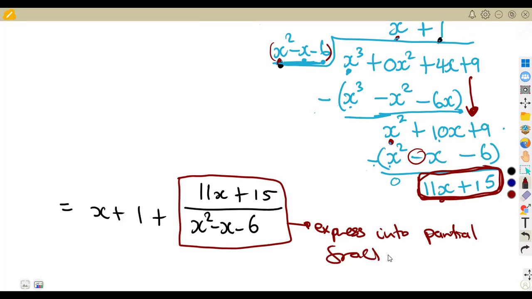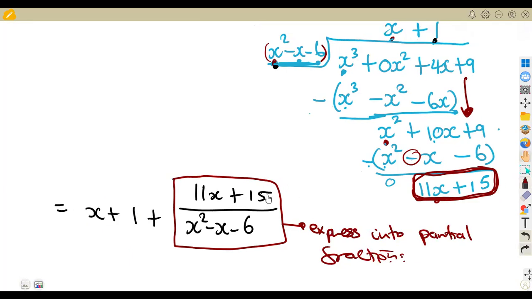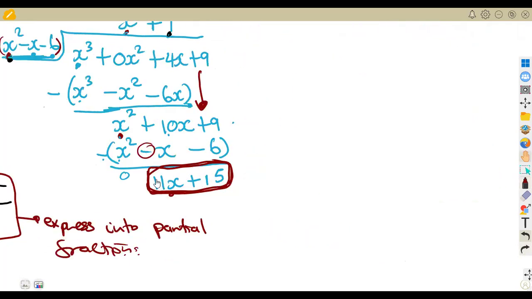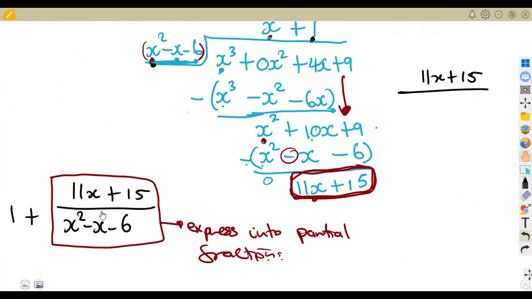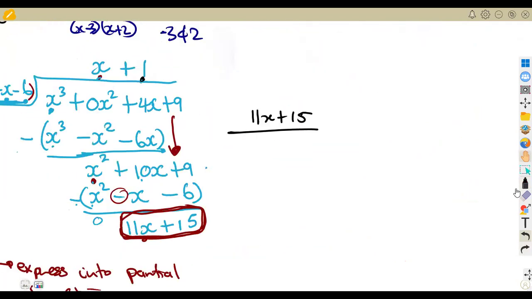So that's where you're going to have now your partial fraction concept. We take our remainder, 11x plus 15, over this quadratic, x squared minus x minus 6.